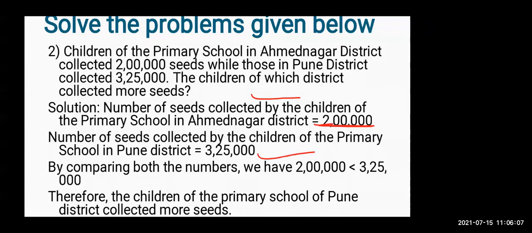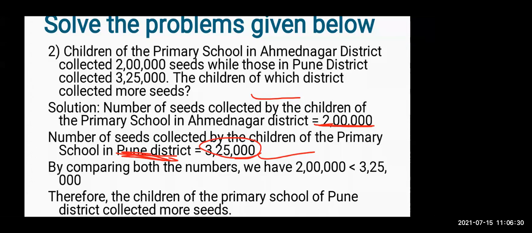So by comparing both the numbers, we got 2 lakh is less than 3,25,000. So which one is greater? Which is the biggest number? 3,25,000. Now 3,25,000 means which district? Pune district.